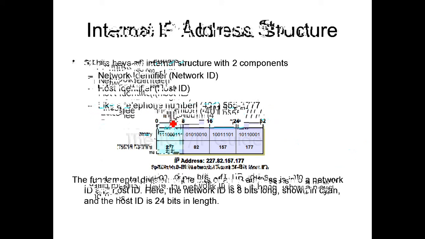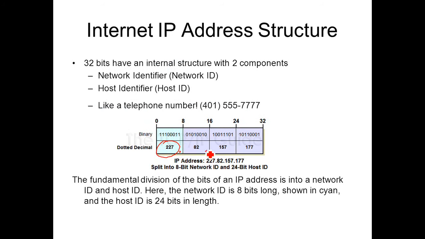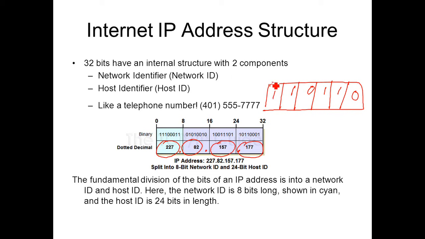So for the IP addressing structure, for example, this is an IP address: 227.82.157.177. If you pick any 8-bit number, for example 0 1 1 0 1 1 and then 0, how do you convert this 8-bit binary number into a decimal number?